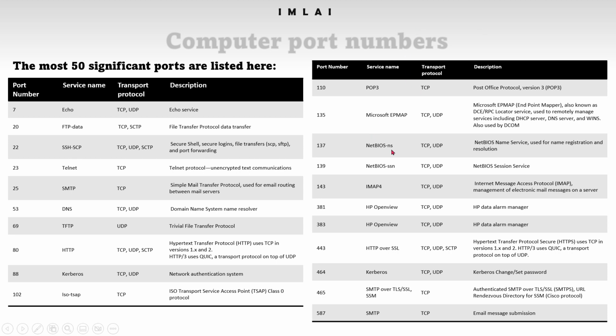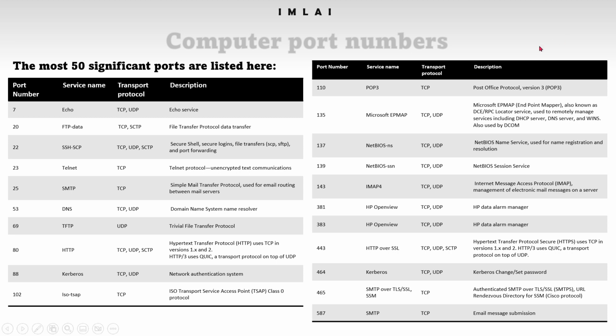Then after that we have Microsoft EP Map, the endpoint mapper, also known as the DCE or RPC locator service, used to remotely manage services including the DHCP server, DNS server, WINS, and also used by DCOM.